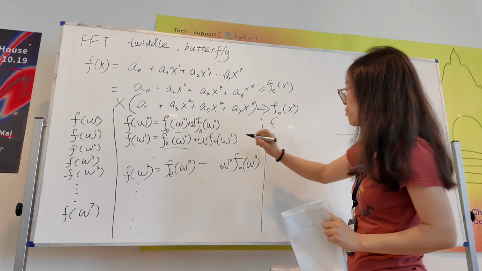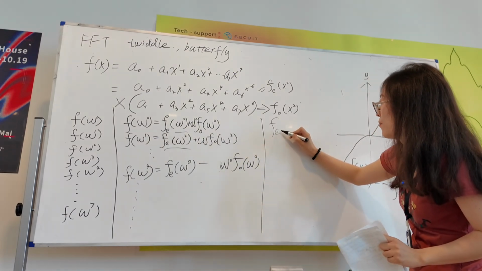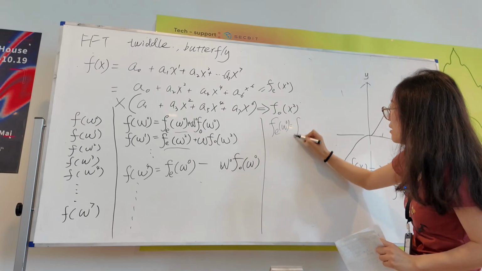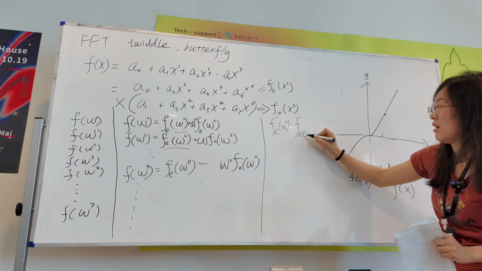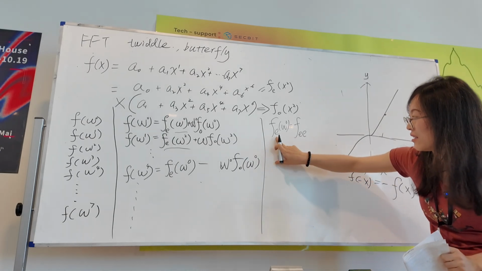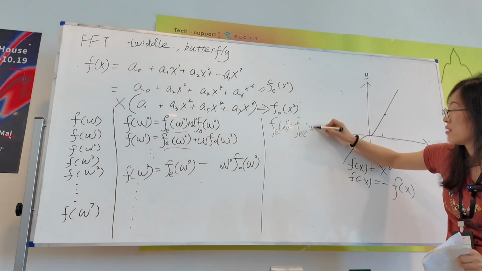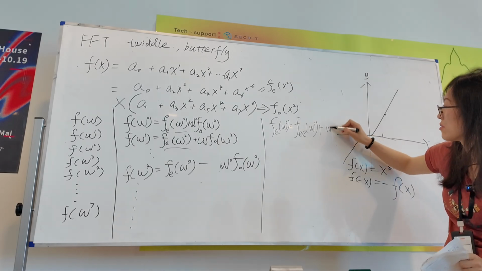And continue from, we compute this one first, F even of omega square. I start doing the split again. This even function splits into more even functions, plus omega.